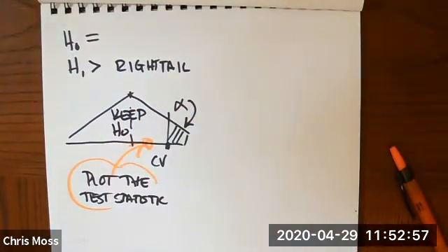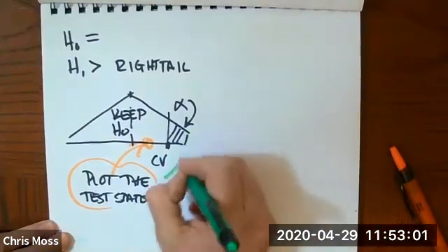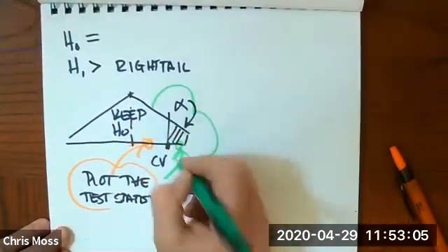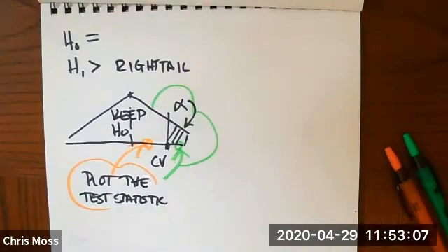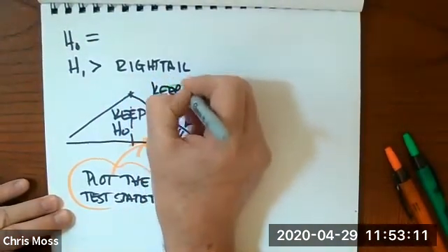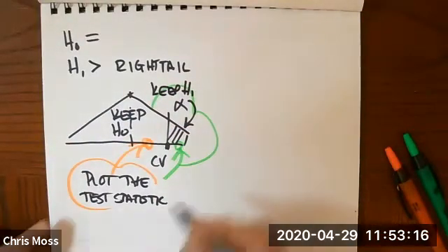On the other hand, it might fall there. If that is the case, then we're going to go ahead and keep the alternative. What about the two-tail test?